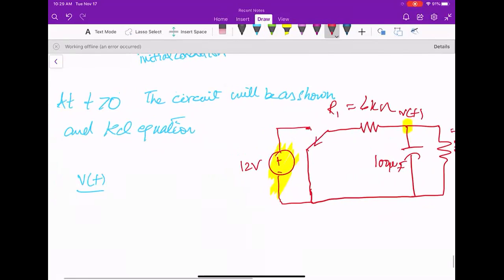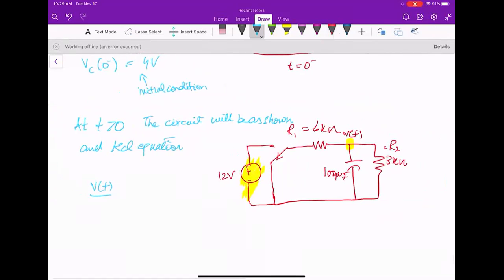So I will write V of t by R1 plus V of t by R2 plus the current C dV by dt equals 0. So now if I replace this and write it in the form of a differential equation which I find familiar, I will write it like this.